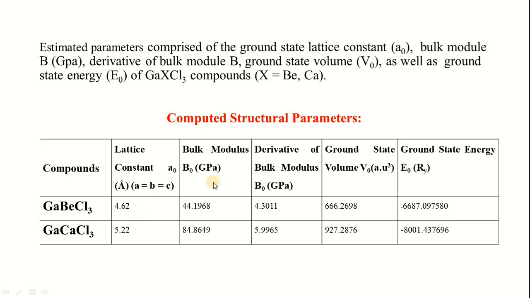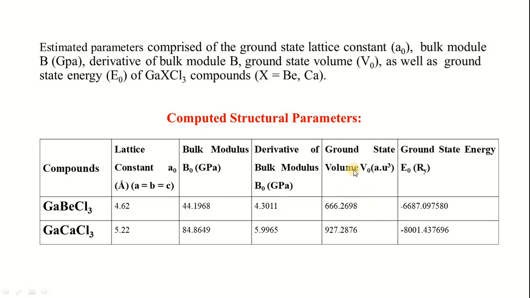Similarly, the bulk modulus for the first compound is 44.19 and for the second compound is 84.86. Now the pressure derivative of the bulk modulus for gallium beryllium trichloride is 4.3, and for GaCaCl3, which is gallium calcium trichloride, it is 5.99.